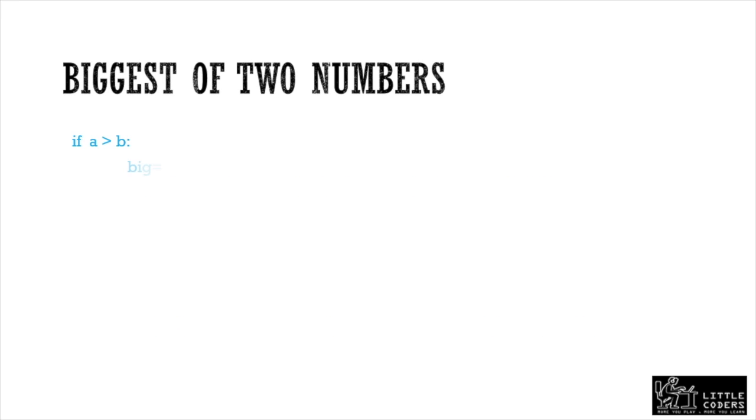Now, let us see, we want to find out the biggest of two numbers, A and B. Here you are checking if A greater than B. If it is so, then you make the value big equal to A. If A is greater than B is false, then it will come to the next if statement, where it checks whether A is less than B. If it is so, then it will make big equal to B. If that is also false, then it will check if A is equal to B. If so, you can make either big equal to A or big equal to B. Here we have assumed big equal to A, and then it will print big.